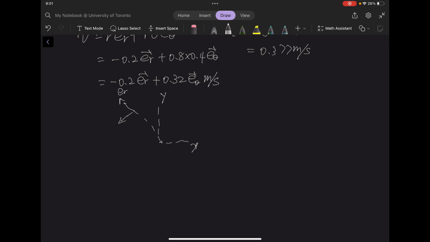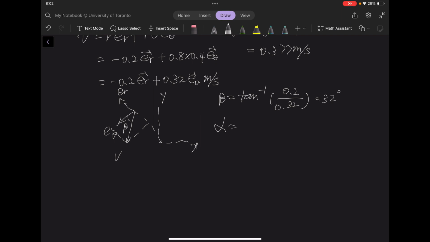Here's ER, here's E theta, and here's our V. We can name that angle as beta. So beta is equal to inverse tangent 0.2 over 0.32, which is equal to 32 degrees.